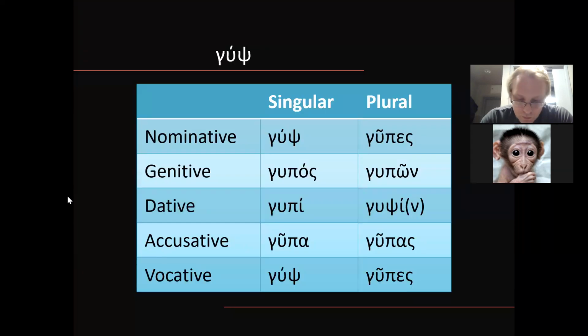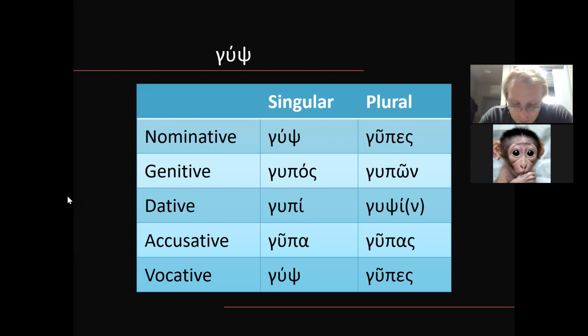But if we go to the paradigms, this is how the paradigm for the inflection of gyps, vulture, looks like. You may note that the stem of the noun, gyp, is visible in all other forms, except in the nominative singular and the dative plural, since in these two forms, there has been a contraction of p and sigma, resulting in psi.